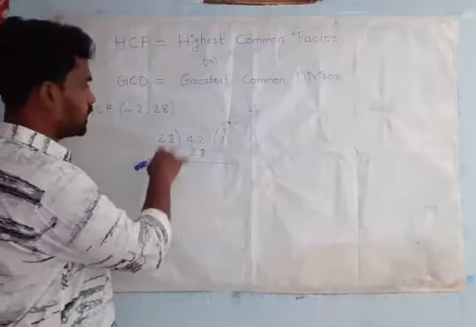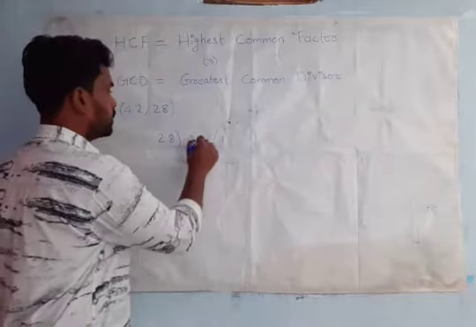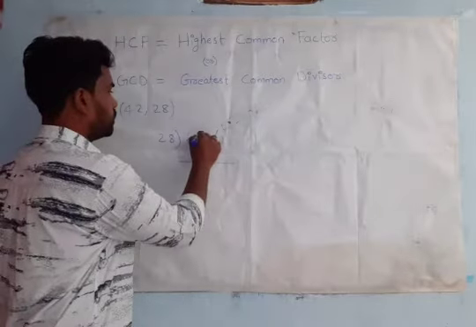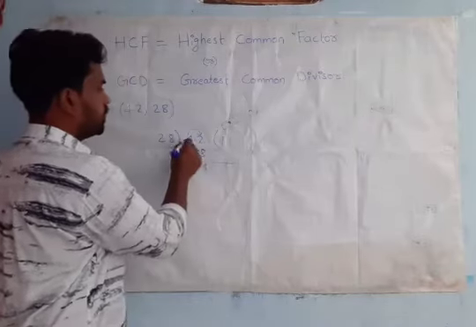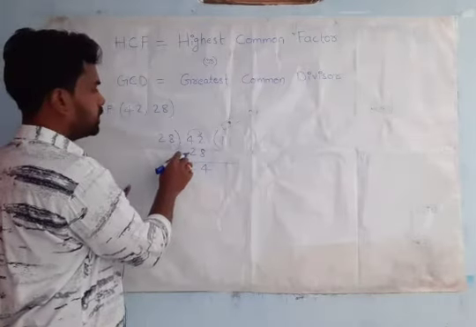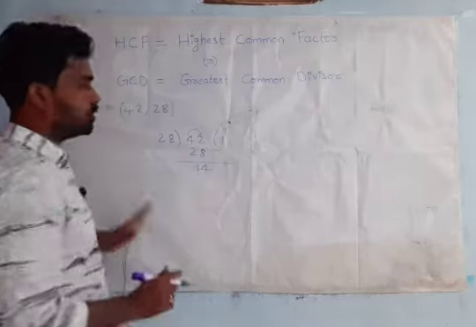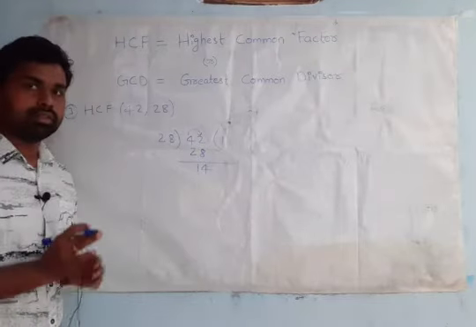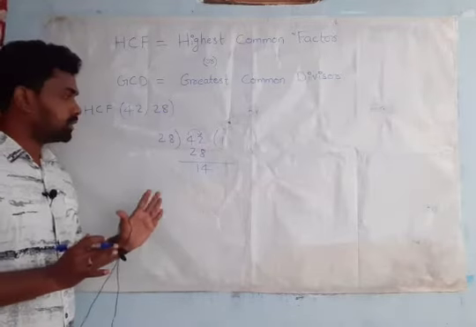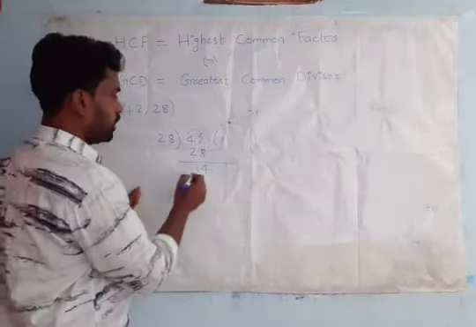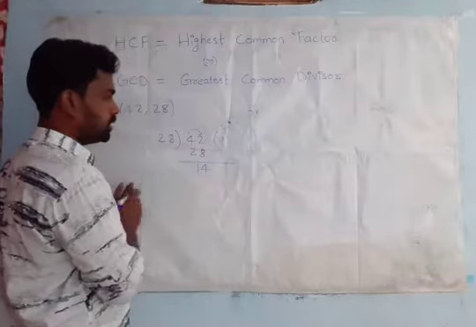Now you subtract. 2 minus 8 is not possible, so 12 minus 8 is 4. Here instead of 4, 3 is there. 3 minus 2 is 1. So I got 14. Observe carefully. This 14 is the remainder.